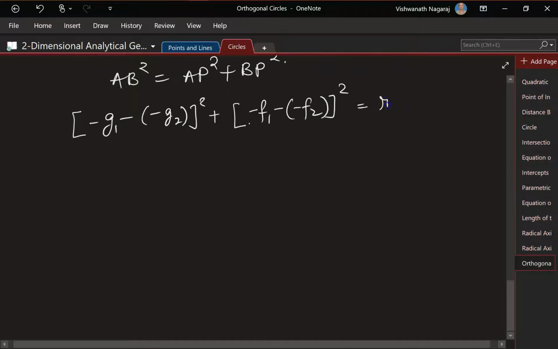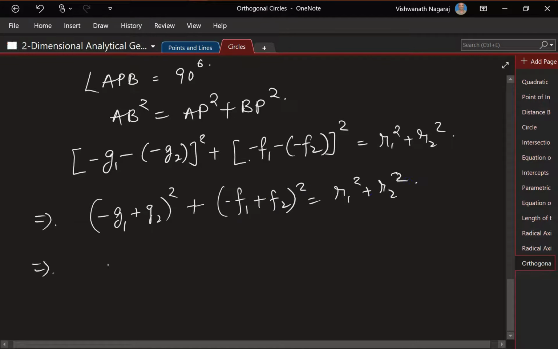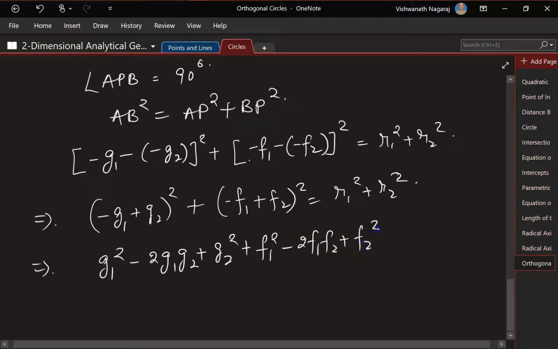So R1 square plus R2 square. Expanding, g1 square minus 2g1g2 plus g2 square plus f1 square minus 2f1f2 plus f2 square is equal to R1 square plus R2 square. Now again we can do substitution.